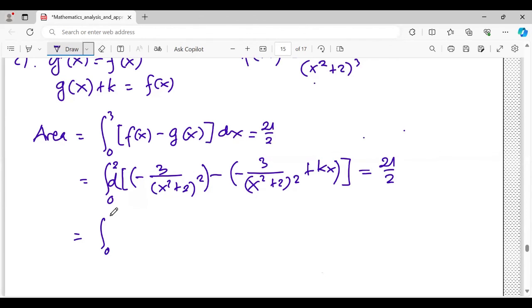So the integral part becomes 0, and this becomes minus kx.